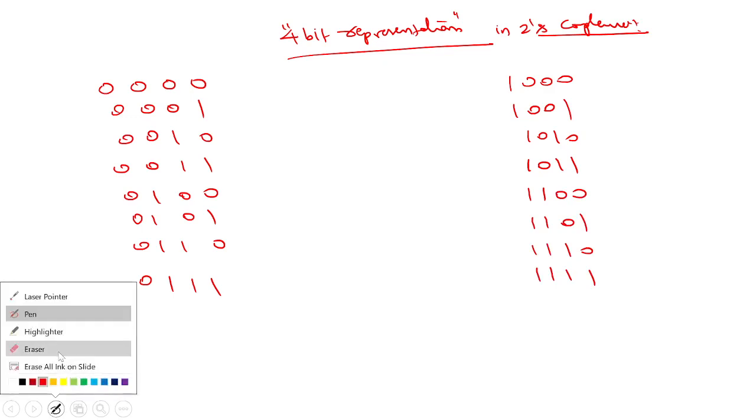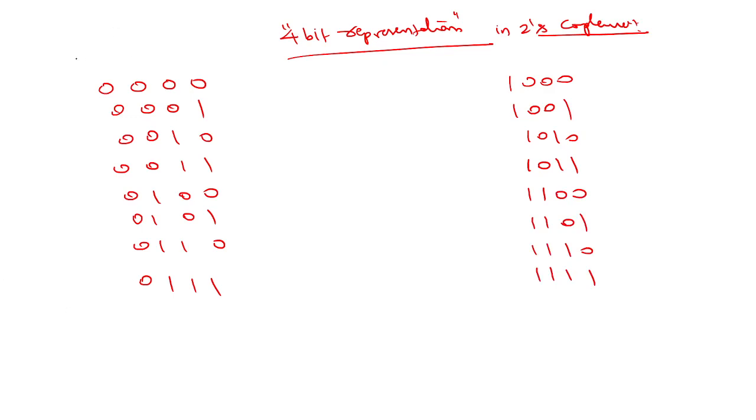Now what I'm telling is, don't think as binary and all. I'm just saying these are the 2's complement forms. These are also 2's complement forms. Now what you do immediately, you look at the MSB 0. That means this is a positive number.